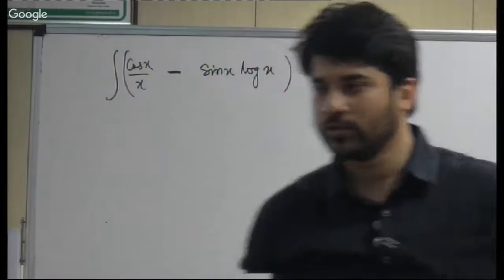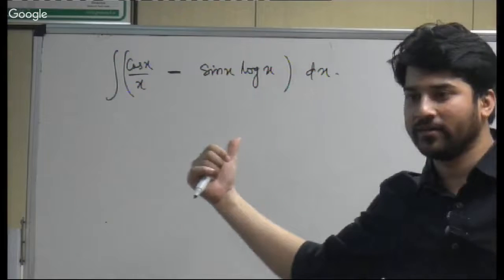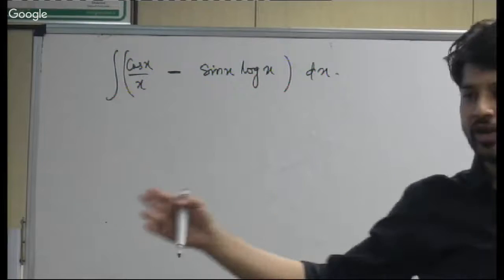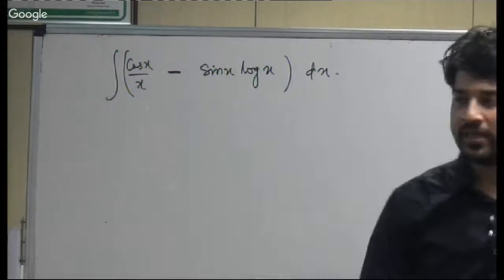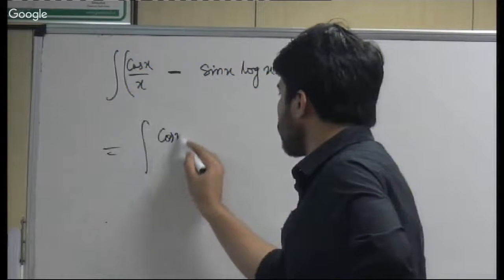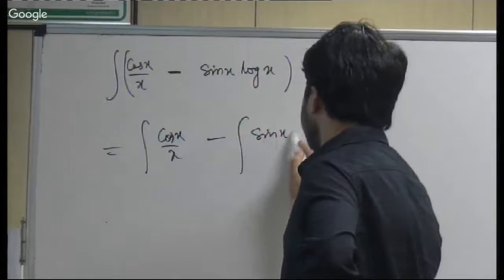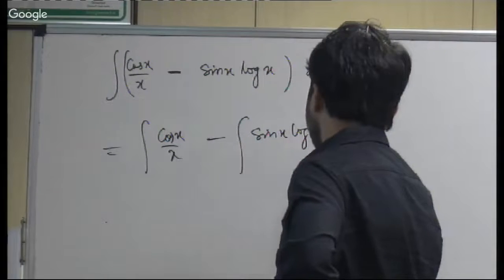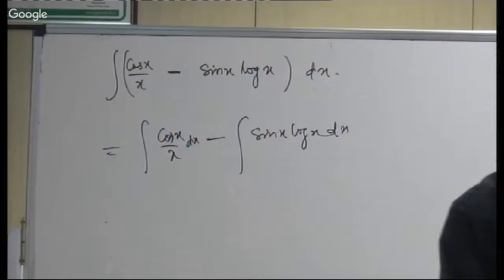Remember the product rule: first into the derivative. Product rule is visible, right? Even if you are not able to recognize the product rule, I can split this integration into cos x by x minus sin x log x dx. Right? I can split it.